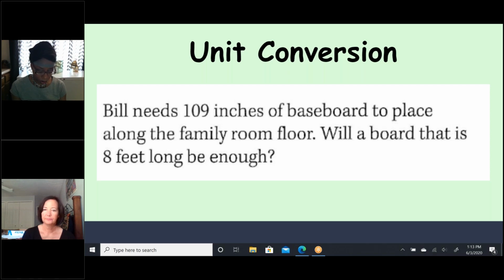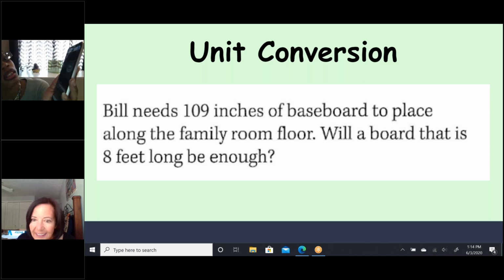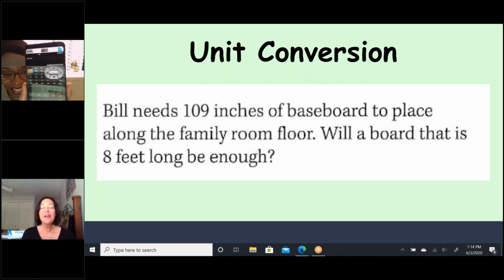So it won't be enough, because it's coming up as 9 versus 9.83333.